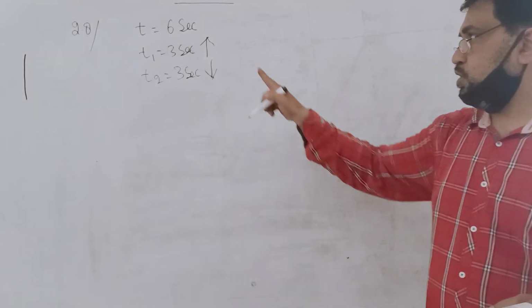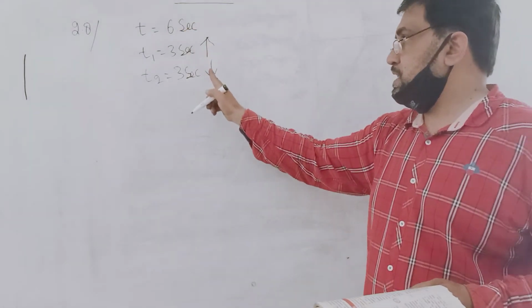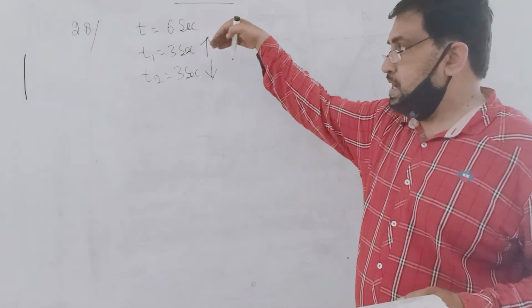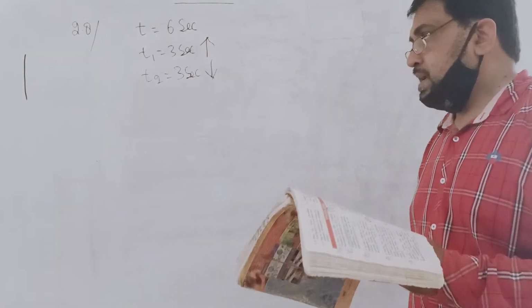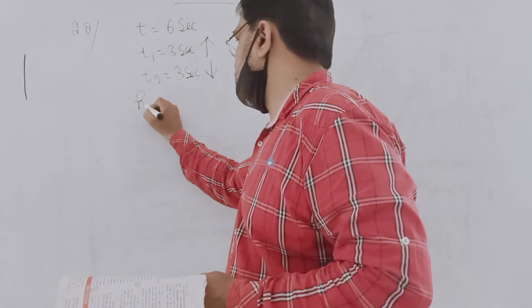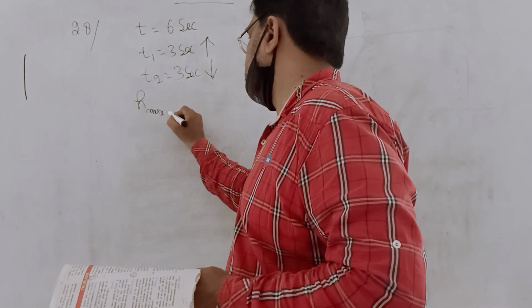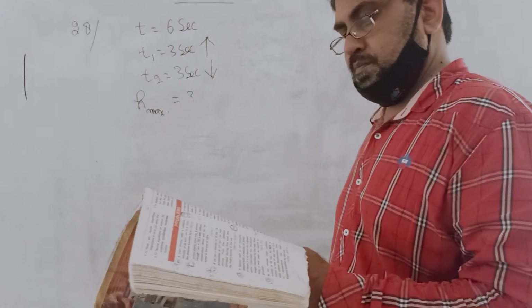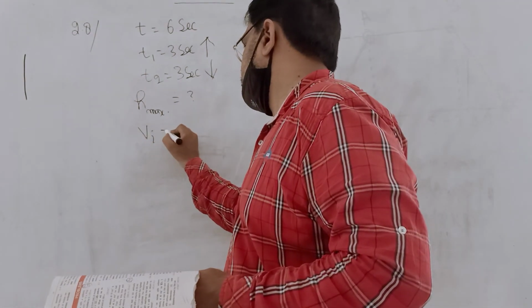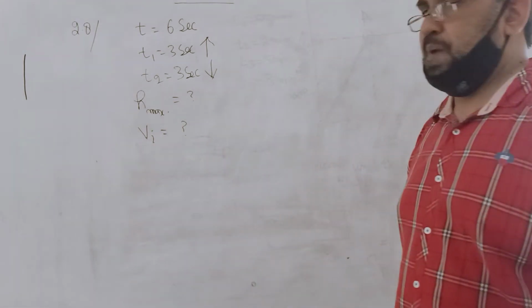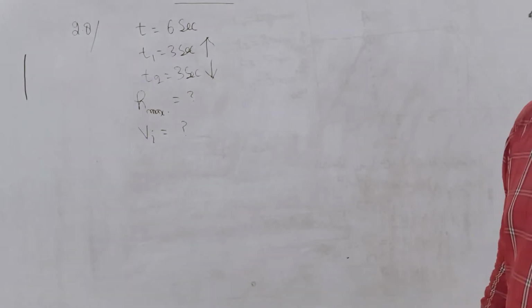So total time is 6. Calculate maximum height and initial velocity.